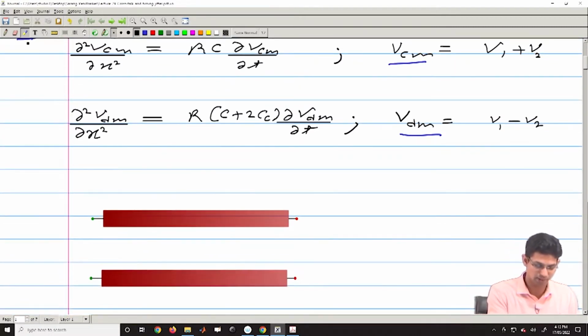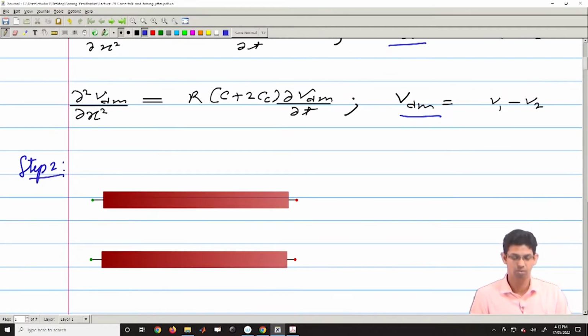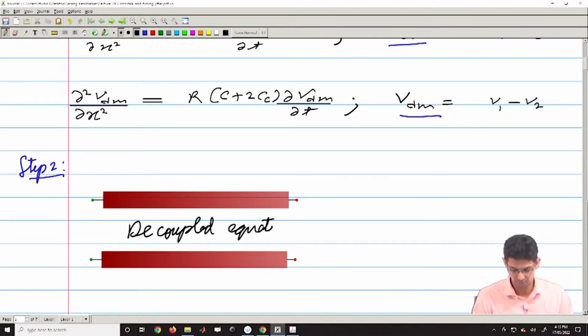Then, as step 2, I solve these two sets of decoupled equations. These are now decoupled. Here the resistance is R and the capacitance is, let me write this as, C plus 2Cc.